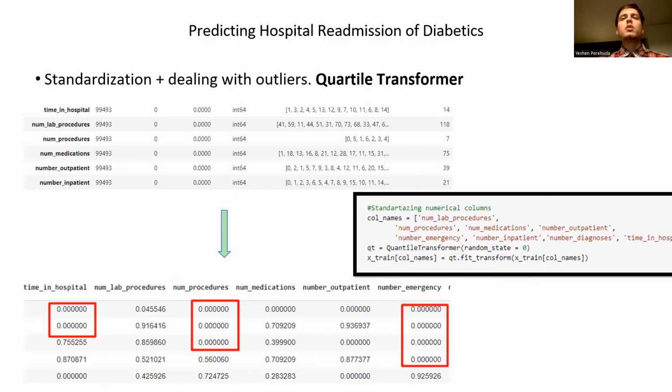So we decided to apply the quantile transformer standardizer. Why did we choose this standardizer? Because it allows us to solve the problem with outliers, and it will map all outliers to 0 or 1.